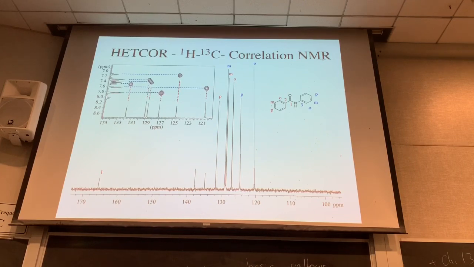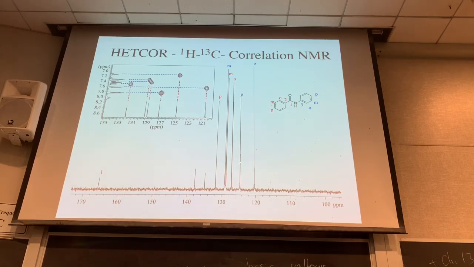And it's not just limited to proton-proton correlation, but here's proton to C13, or heteronuclear correlation spectroscopy. This lets you see which hydrogens are on which carbons, which can be very useful for doing the full peak assignment of all the signals within a structure to make sure you've got the right thing. So here's the C13 data.